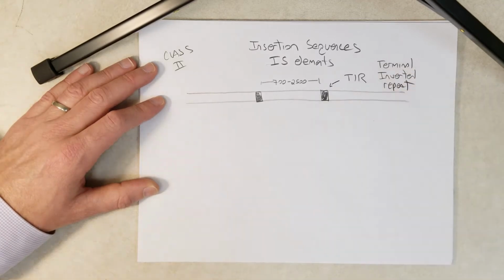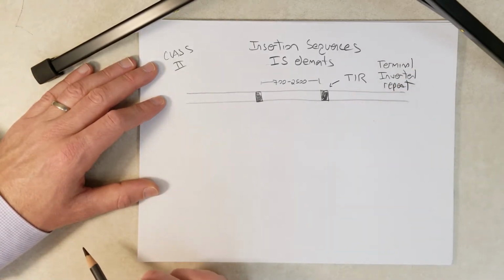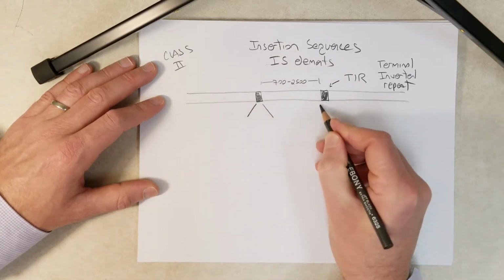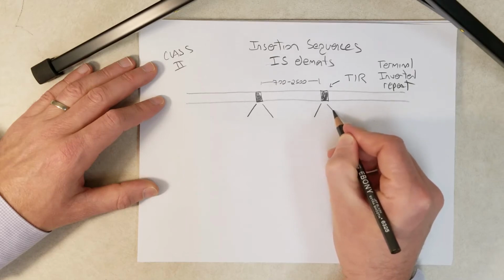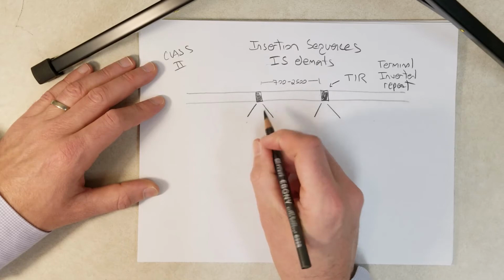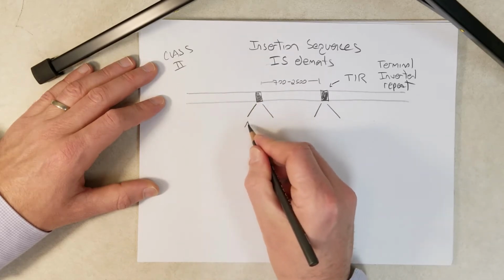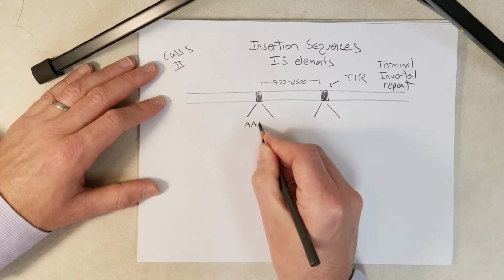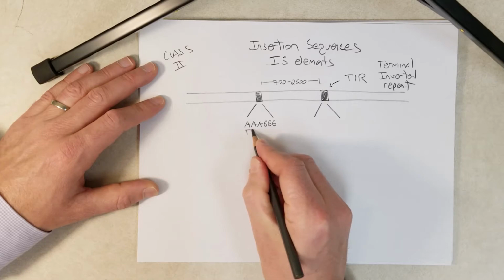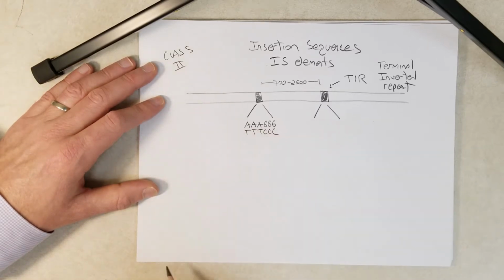repeat. And okay, so what is a terminal inverted repeat? Some of you probably can guess what I mean by that, but let me come up with an imaginary terminal inverted repeat. So let's say at the end of this IS element over here, we have an AAA GGG in the top strand, and then 3 T's and 2 C's down here.